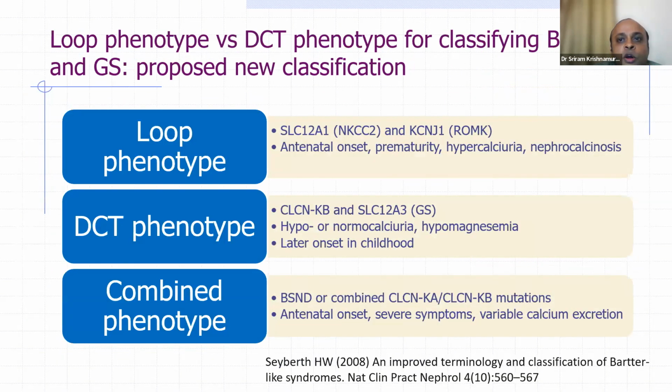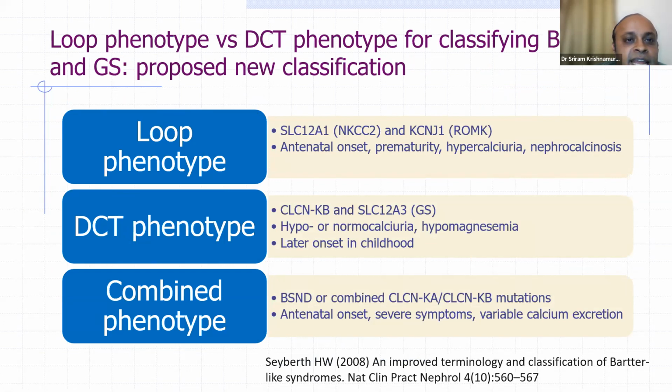So now, should we go by the genetic classification, or should we go by a newer proposed classification, which is based on the physiology? According to this new proposed classification by Seyberth et al. in 2008, there is a loop phenotype, there is a DCT phenotype, and there is a combined phenotype.